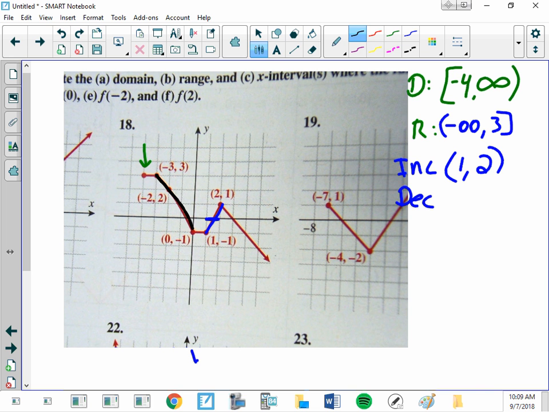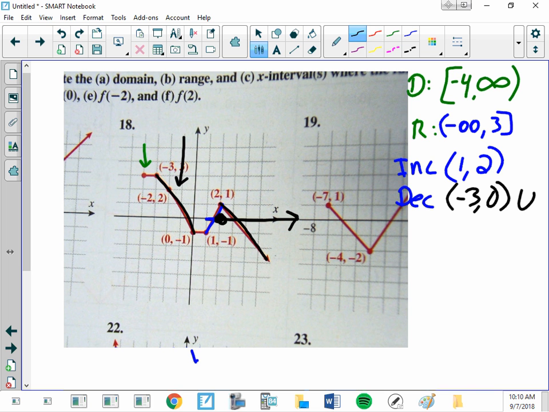2. We have this piece, and we have this piece. So what are the x values for that first piece? -3 to 0. -3 to 0, union with 2 to, we're looking at the x's, so from 2 to positive infinity.